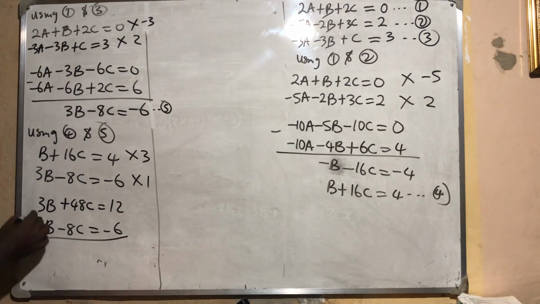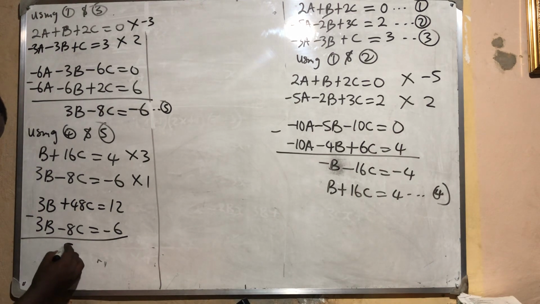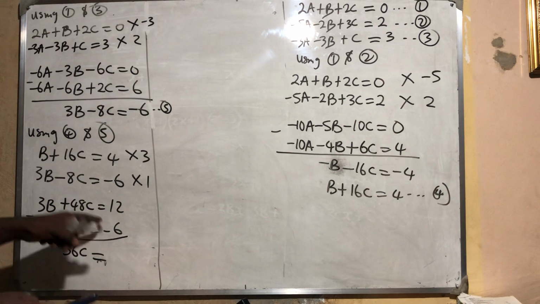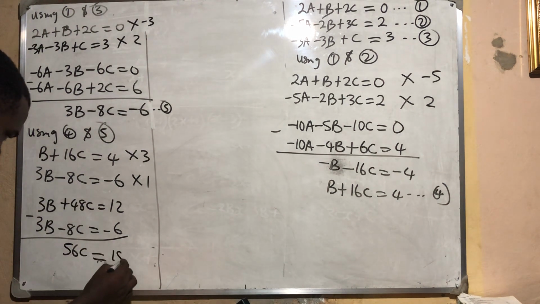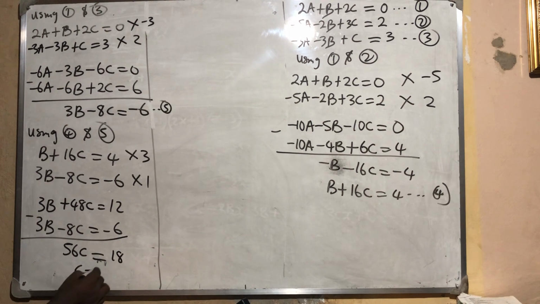So let us subtract. 3b minus 3b is gone. Minus minus is plus. 48 plus 8 will give you 56, so I have 56c is equal to 12 plus 6, which is 18. So therefore my c will now be 18 divided by 56.